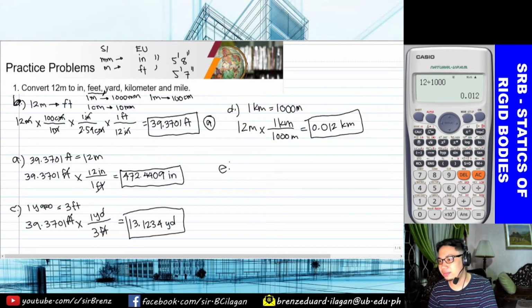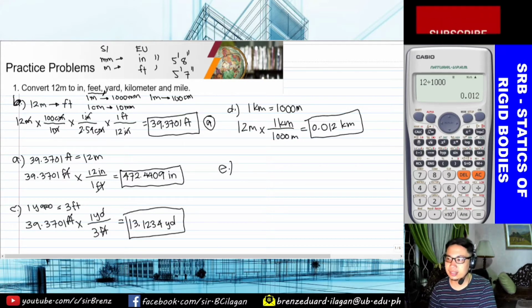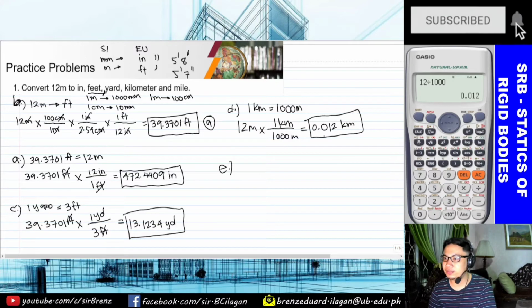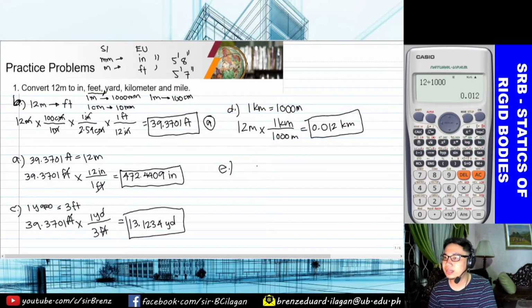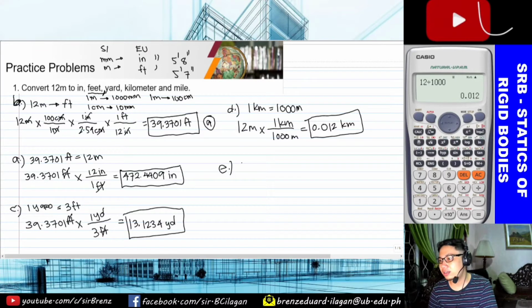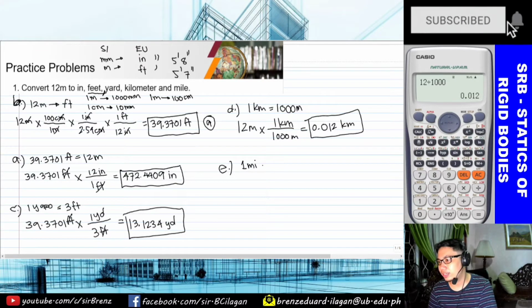Alright. And lastly, for miles, we will use the value we got earlier, in kilometers. We know how many kilometers are in a mile or vice versa. In 1 mile, there is an equivalent of 1.609 kilometers.